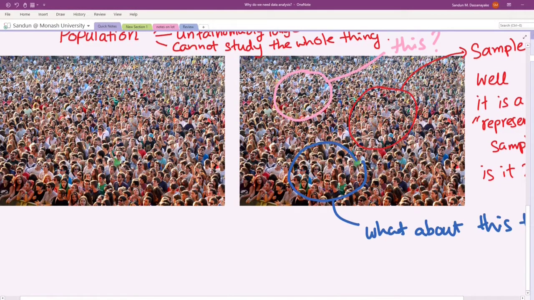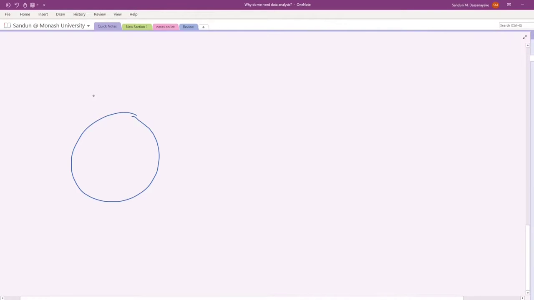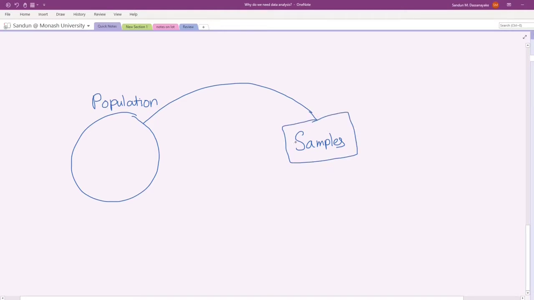If you take a look at this, you can see that there is a population and you draw samples from that. Each time you draw a sample from the population, there is something called a probability, because you never know what type of sample you're going to draw from this population. That is why you have a probability of choosing a given sample, the sample observations you make from the population.